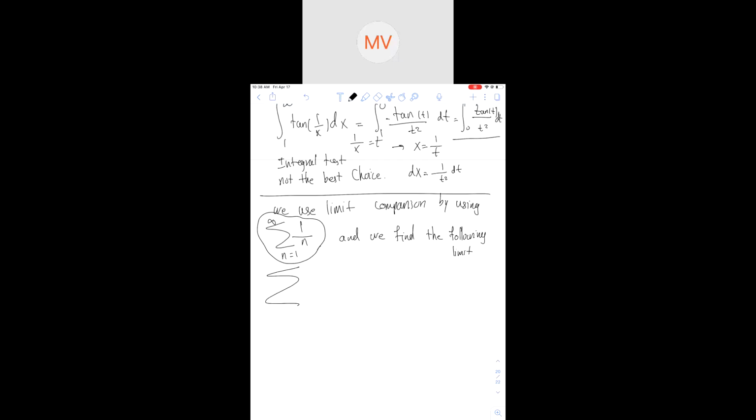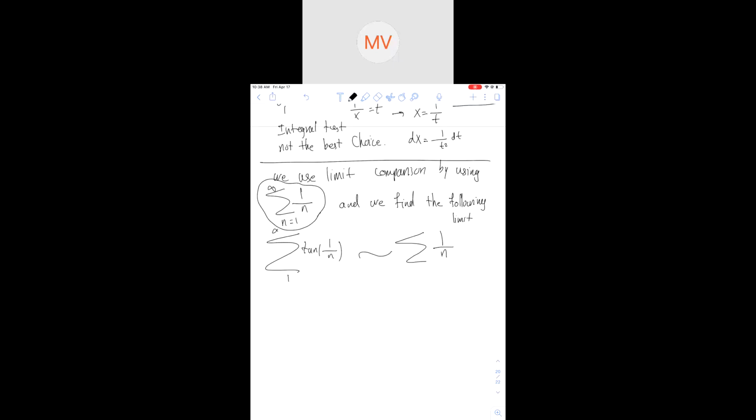Let me write down details. Our original series was tan of 1 over n. Now we're going to compare this with sum of 1 over n. Not direct comparison. We're going to do limit comparison. That was the criteria. We set up this ratio.